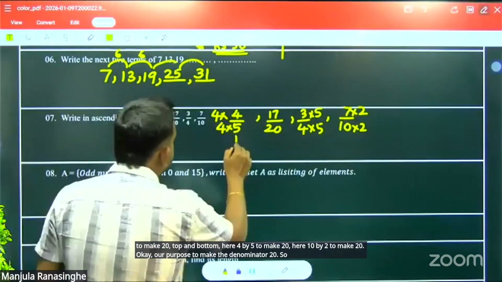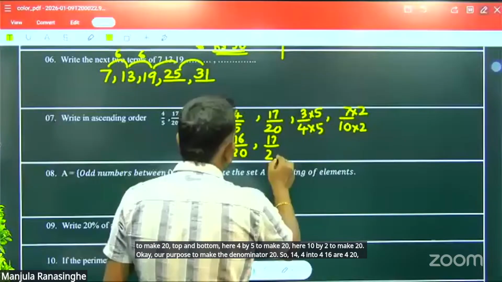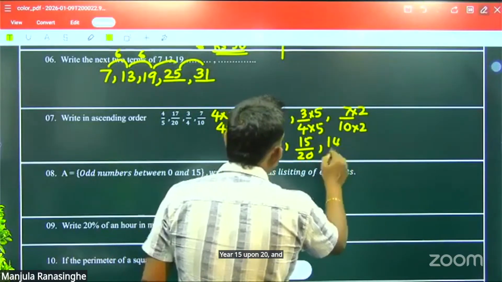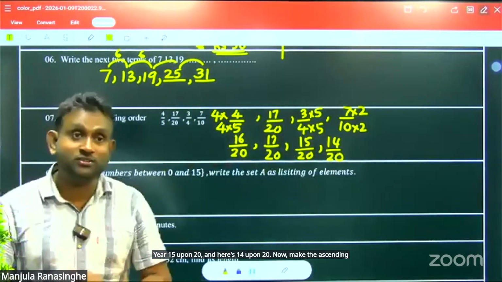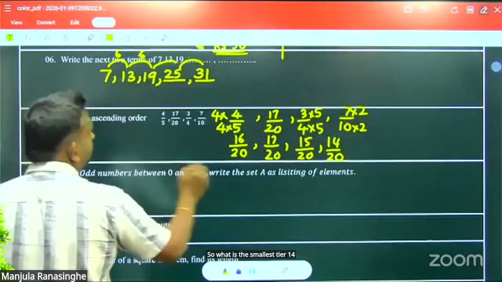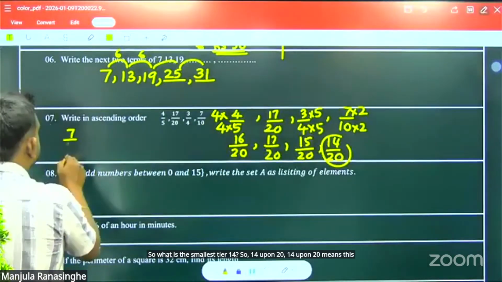So 4 into 4, 16 upon 20, 17 upon 20, here 15 upon 20, and here 14 upon 20. Now make the ascending order. Ascending means smallest to the highest. So what is the smallest? 14 upon 20, which means 7 upon 10.